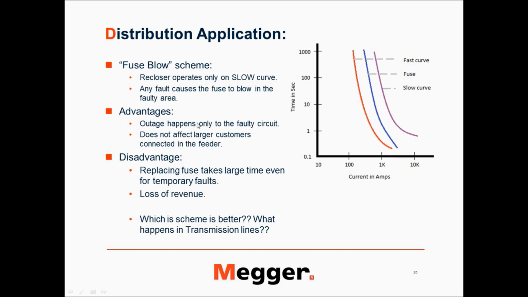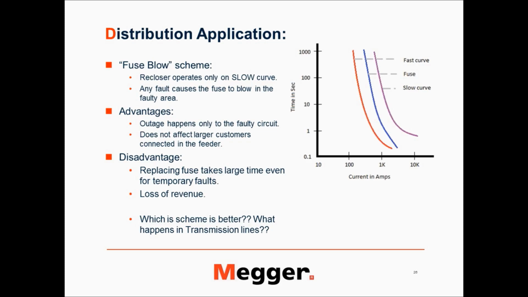Some of the advantages of using this fuse blow scheme is the outages happen only in the faulty circuit, not in all the others. You have to imagine a distribution or a ring type distribution here. Whenever there is a fault in that distribution ring, the fuse will blow and it will isolate just that part of the load.